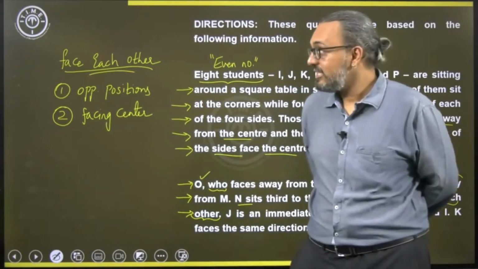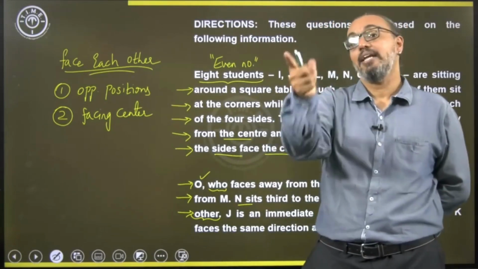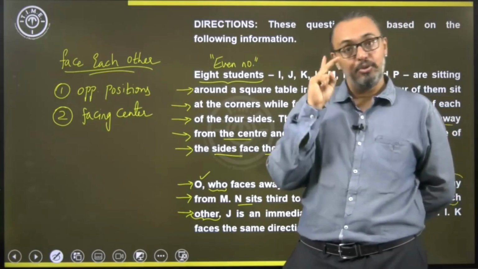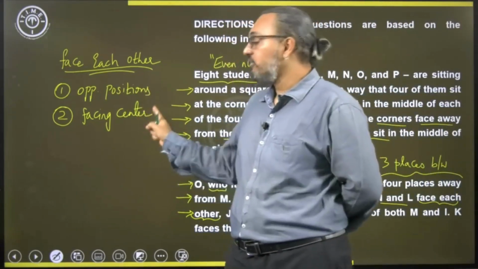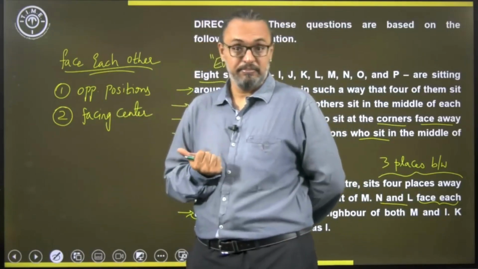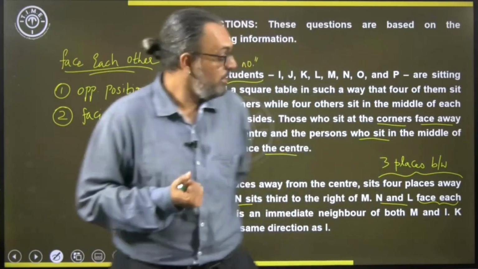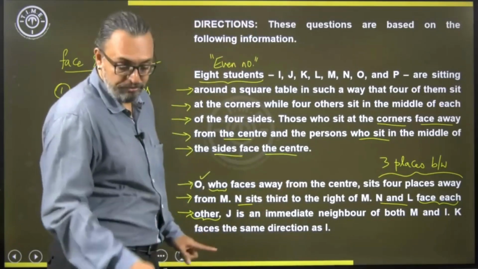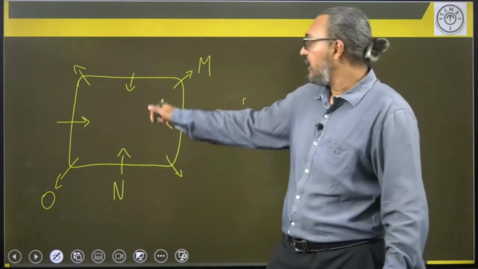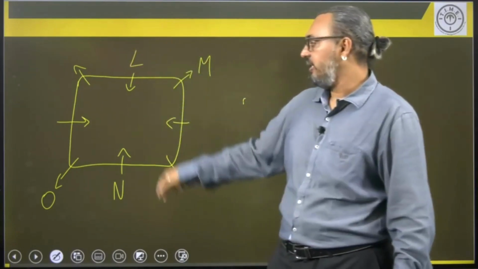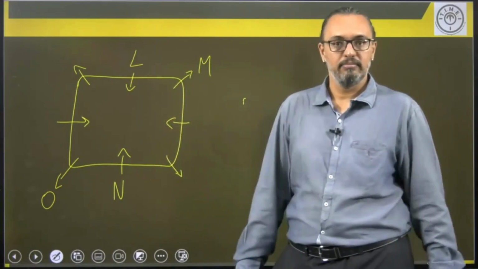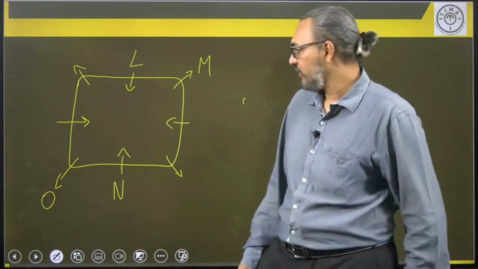So when we say face each other, both the position and direction are fixed. Facing each other means you need opposite positions, along with that, they both should be facing the center. That's the understanding. Okay. So now we have N and L face each other. Let us check. N is here, and N and L face each other means like this. They need to be in opposite positions and both face the center. That's the understanding. Okay, right.